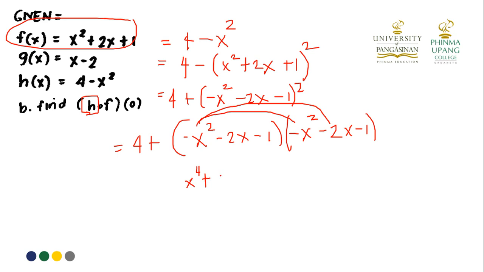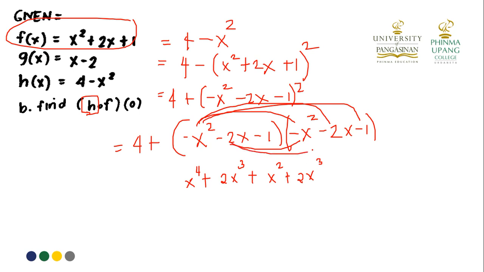That is positive 2x cubed. Next, positive x squared. Next, negative times negative is positive 2x, 2x cubed.